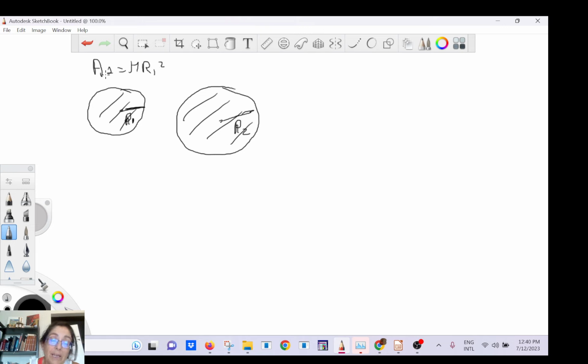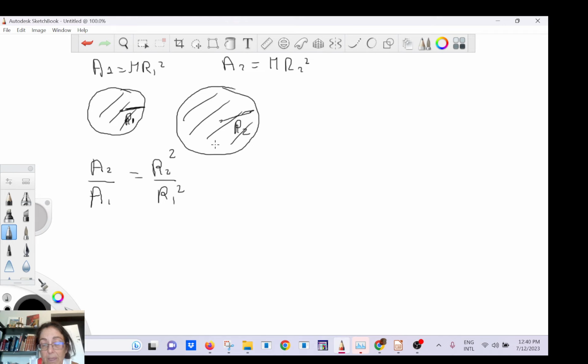When you are finding the area, you always have a square somewhere, the size squared, and the area here is pi R2 squared. So I can say the area 2 is to the area 1 what R2 squared is to R1 squared.